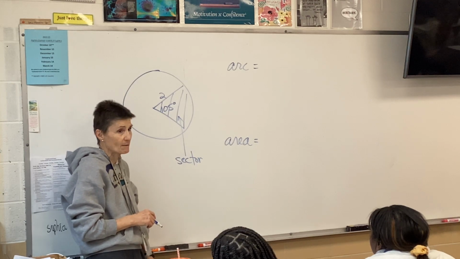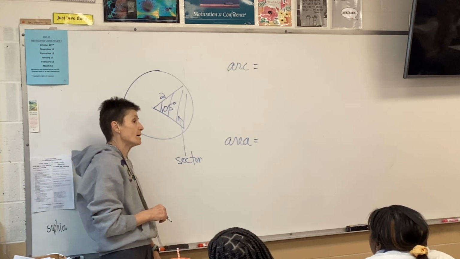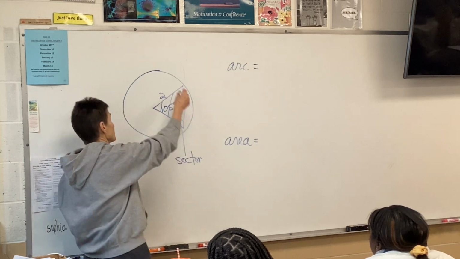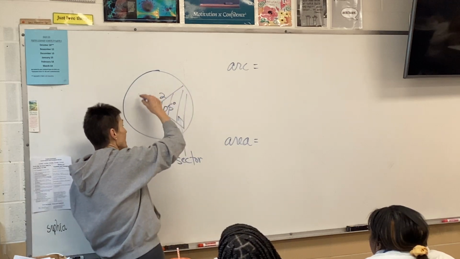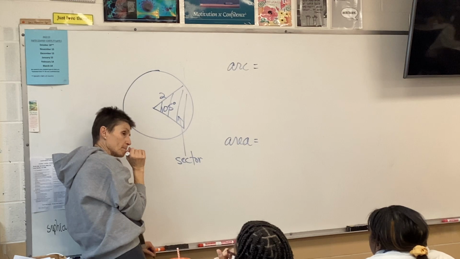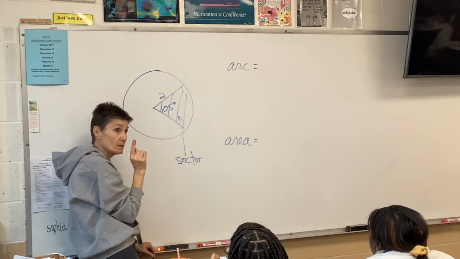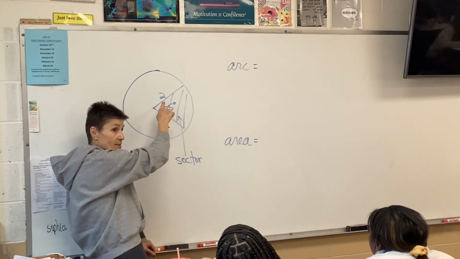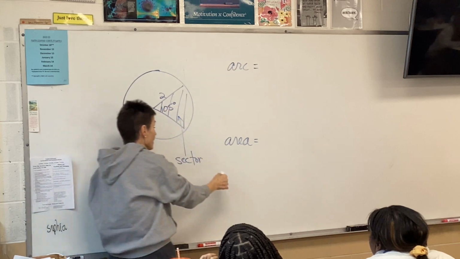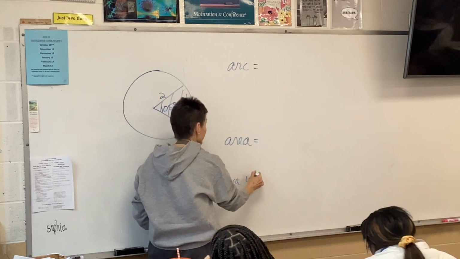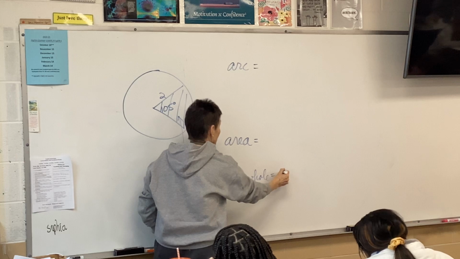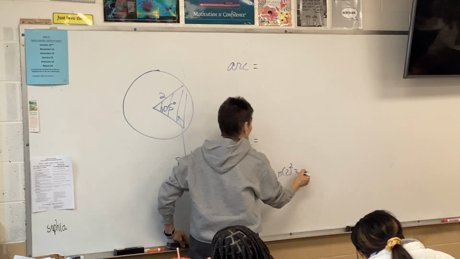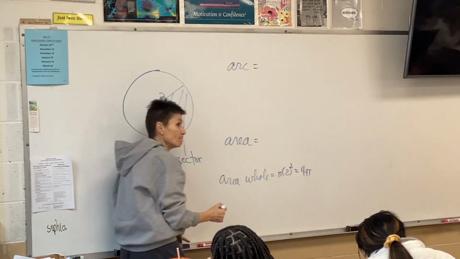It's very, very simple. What is the area of the whole circle? This circle right here. What would be the area of the whole thing? Pi r squared. And since r is 2, the area of the whole thing is 4 pi. Okay?